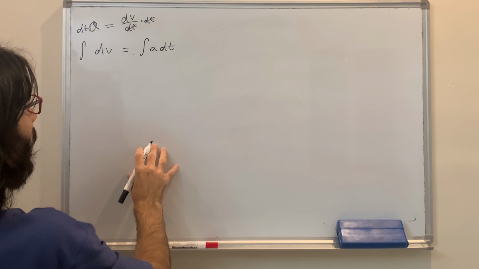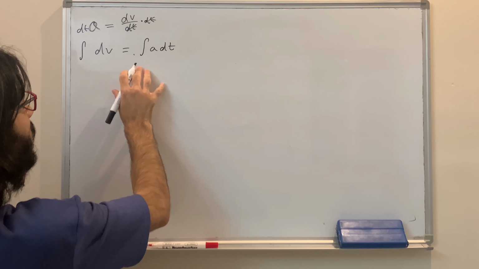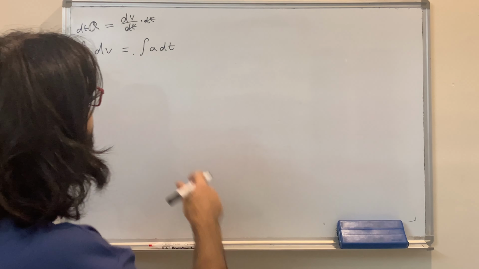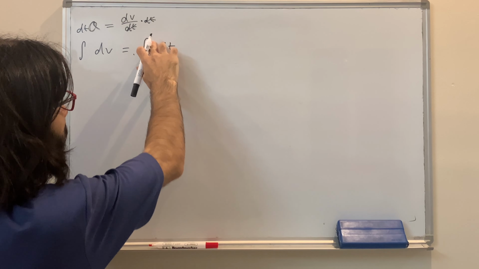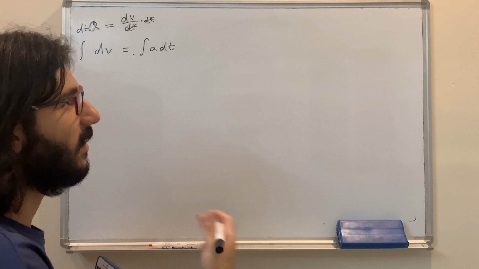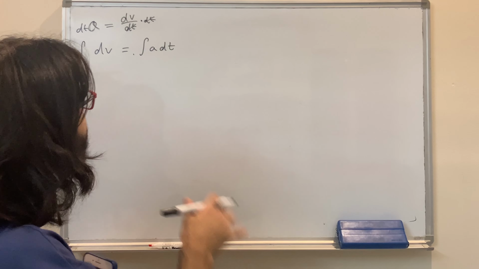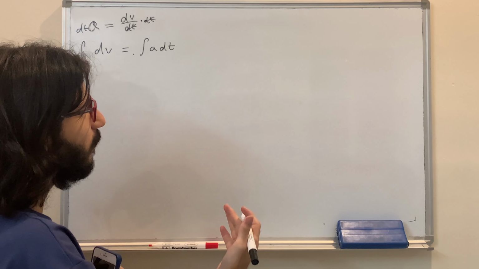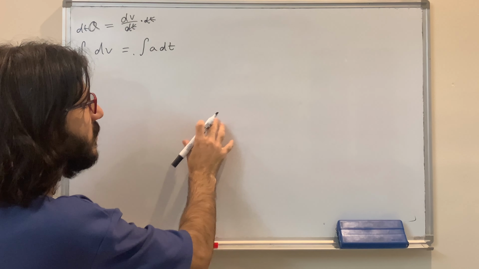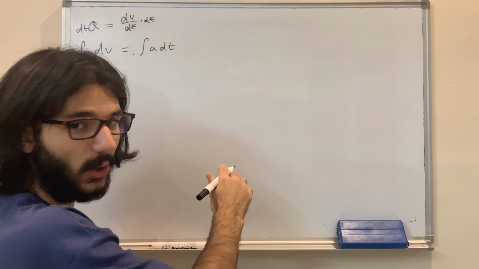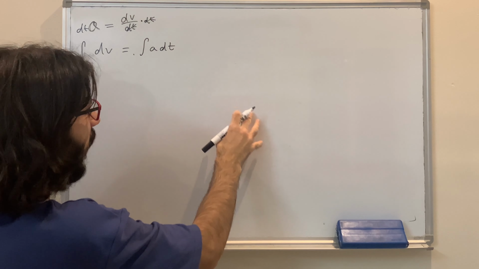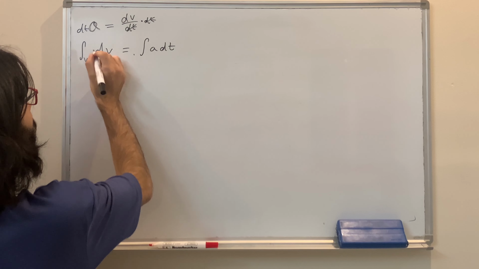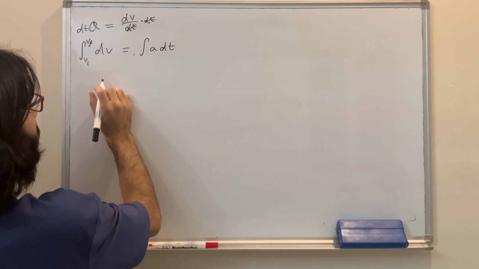Now the second thing we need to do is integrate these so we can remove this part. Obviously this is going to be a definite integral, so we need to put in the boundaries of integration. For velocity, you usually start off with some initial velocity and end at some final velocity.